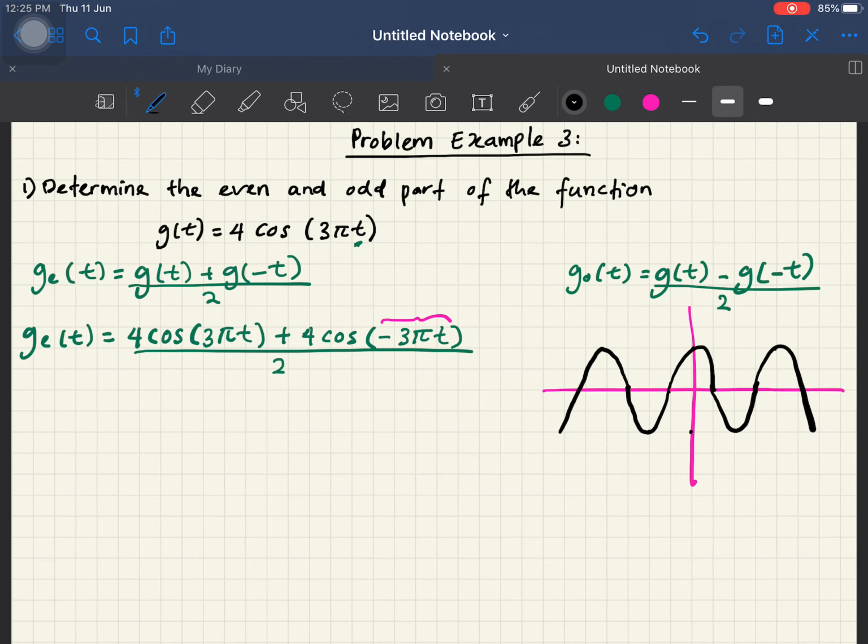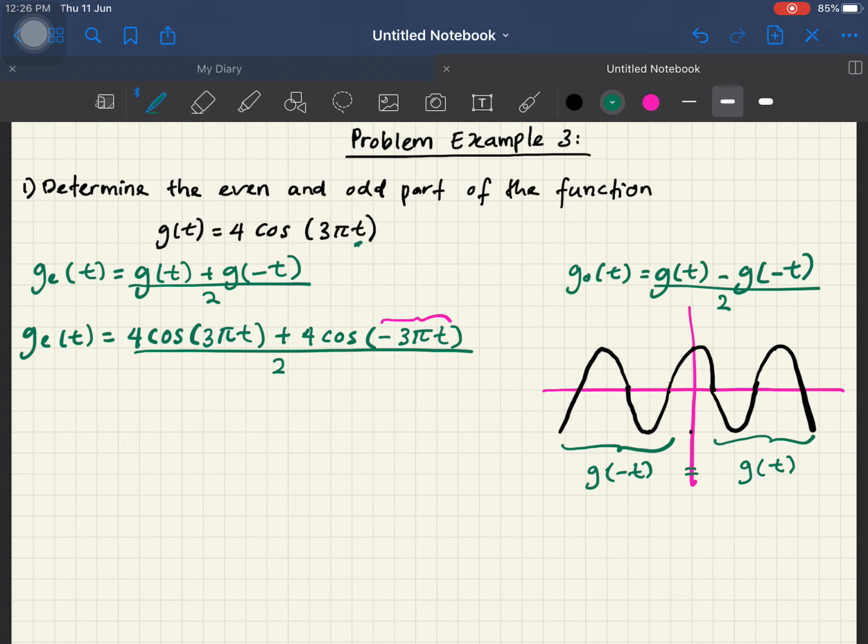This is the general graph of a cosine function. If you look at the graph here, you can say that the cosine function is actually an even function, which means g of minus t is actually equal to g of t.